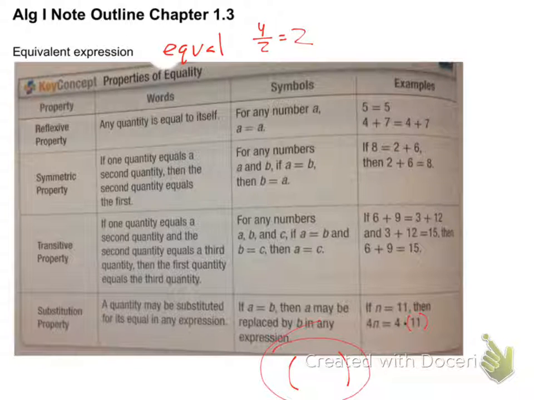Because sometimes the value for your variable is negative. And when you substitute in a negative number, some people think it's a minus sign instead, or they completely ignore the fact that the negative is there, and then they get the problem wrong, even though they did things right. So be very careful on that.